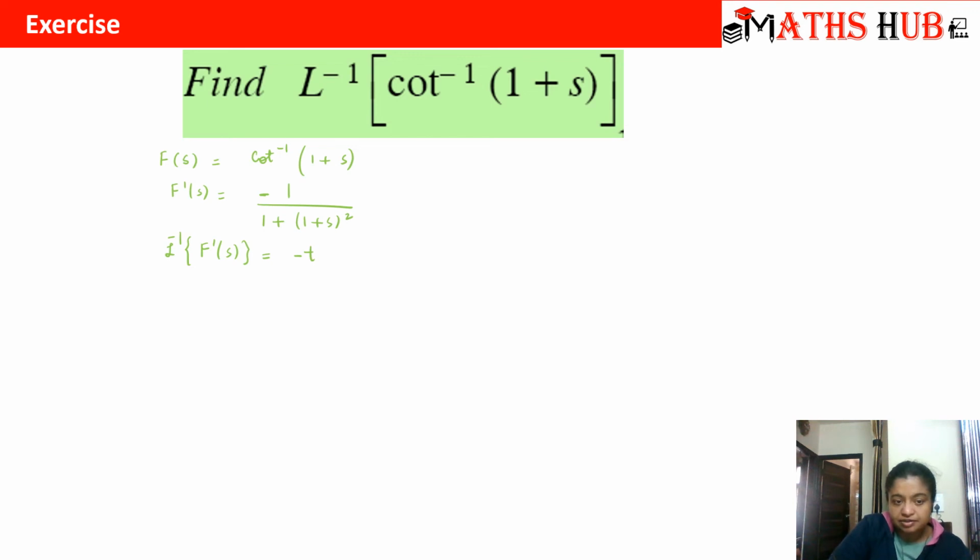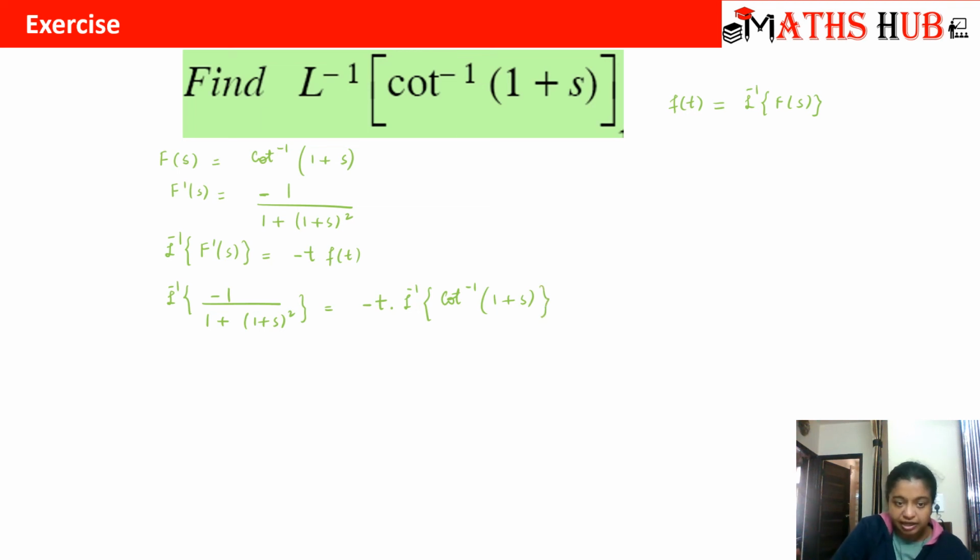So let us try to apply the formula for inverse Laplace of F dash s. Laplace inverse of F dash s is minus t into f(t), right? And what is f(t) basically? f(t) is nothing but Laplace inverse of F(s). Let's put in the values. So we have Laplace inverse of minus 1 upon (1 plus s) whole square equal to minus t into f(t), which is Laplace inverse of cot inverse of 1 plus s, right?